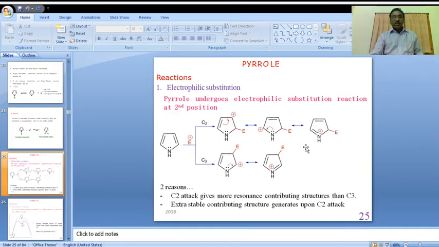We understood that attack of the electrophile on the C2 position gives stable structures. Here, please observe the two reasons. C2 attack gives more resonance contributing structures than C3.